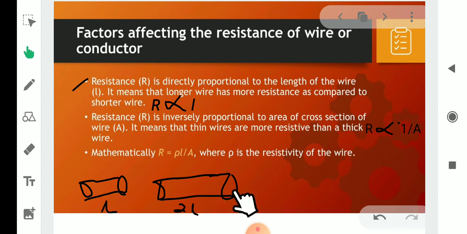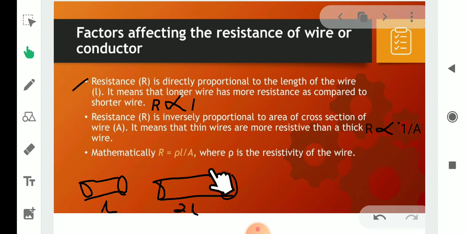So here what happens? Number of collisions. As the length of the wire increases, the number of collisions also increases, due to which the resistance also increases. Here the collision is less compared to the wire in the second case.